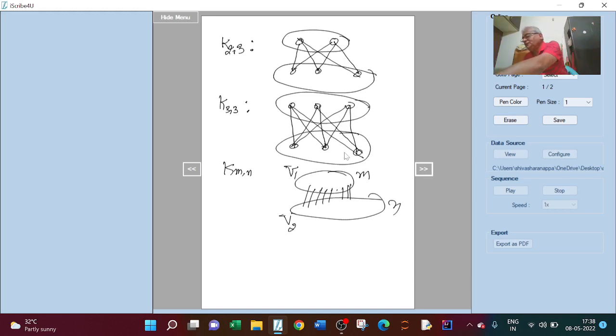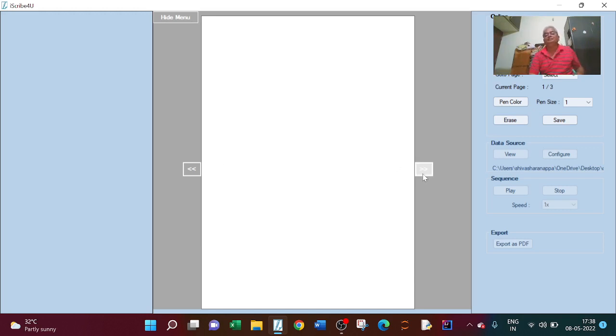Next we define one more term in graph theory, that is a tree. Definition of tree: a connected acyclic graph is defined as a tree.